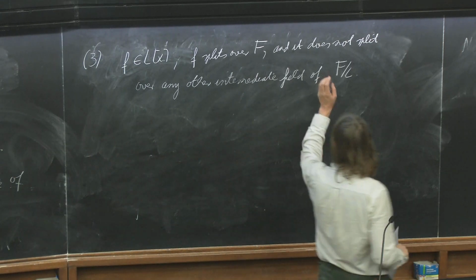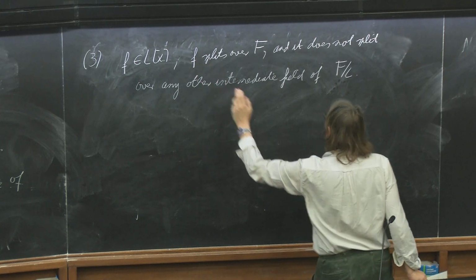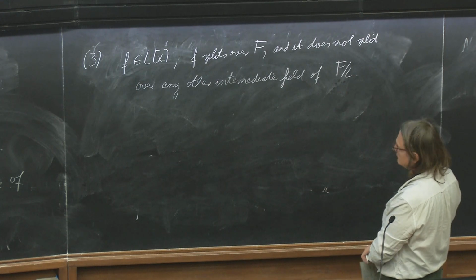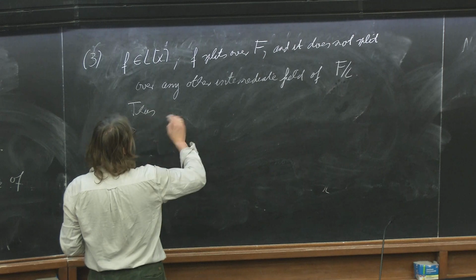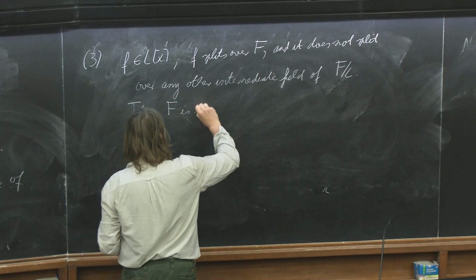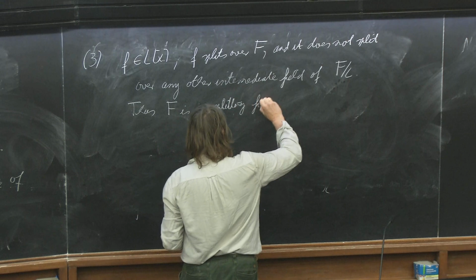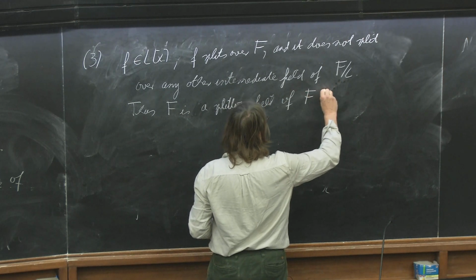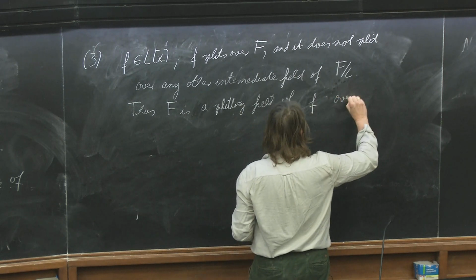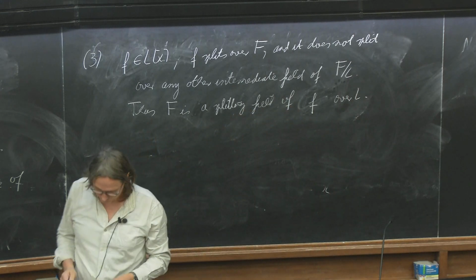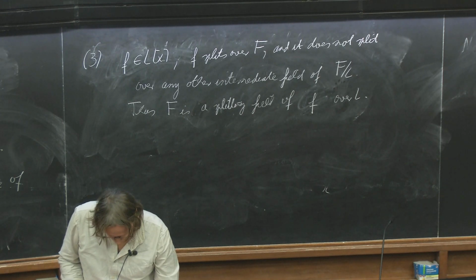It does not split over any intermediate field of F over L because it's a splitting field of small f over K, so it doesn't even split over any intermediate field between F and K. So thus F is a splitting field of f over L. As I said, this is a tautology, but it's useful to know.